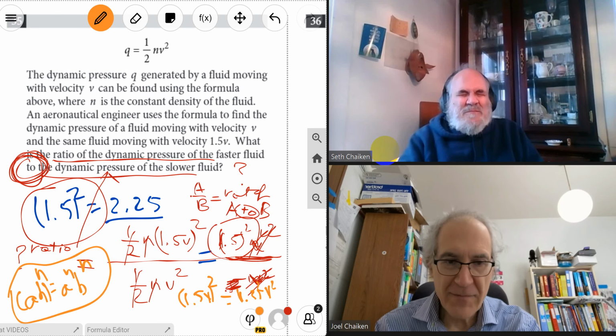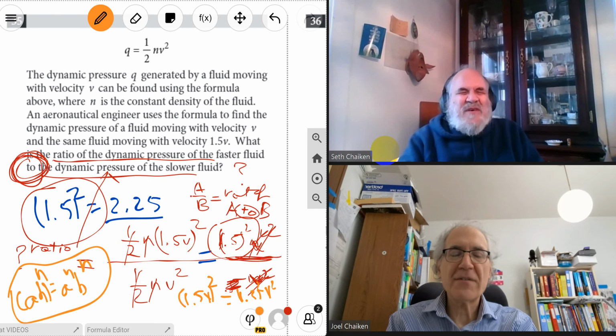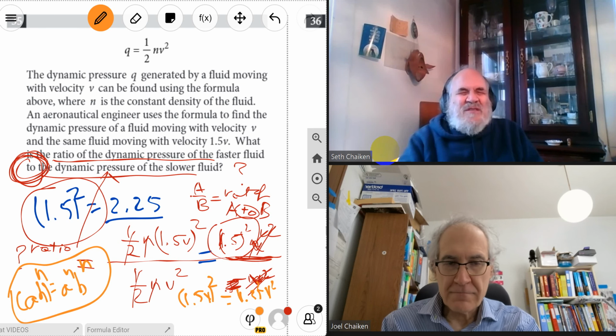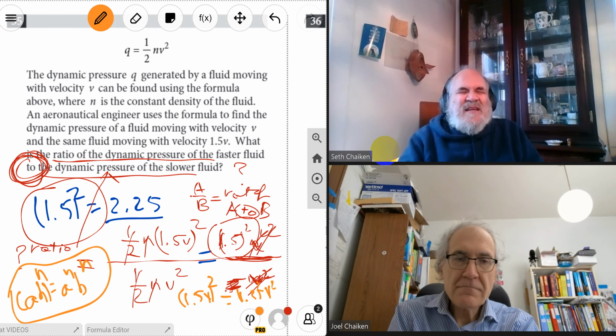But the amount of kinetic energy, as in this problem, goes up by a factor of over 2. Even though you only go 15 miles an hour more, which doesn't seem like that much, you're doubling the damage in a car accident.